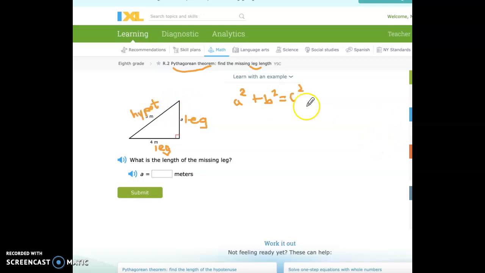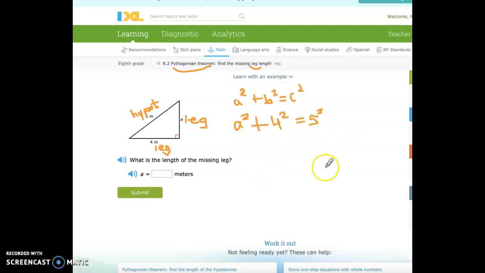Anyways, on here, we're going to substitute in our values. So a is missing, so we're just going to leave that as a squared. And our b is our other leg, which is the 4, and we're going to square that as well. And we have the hypotenuse, which is 5 squared.